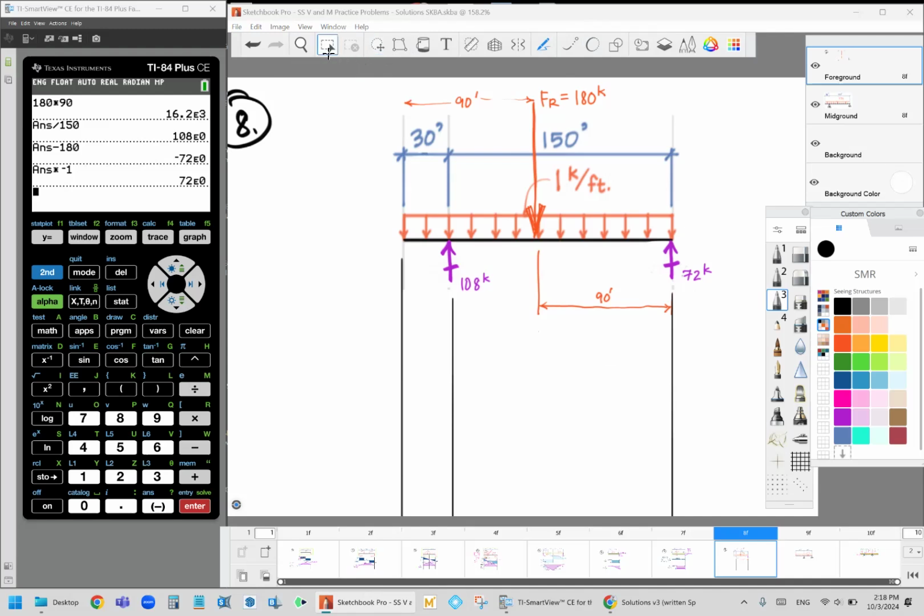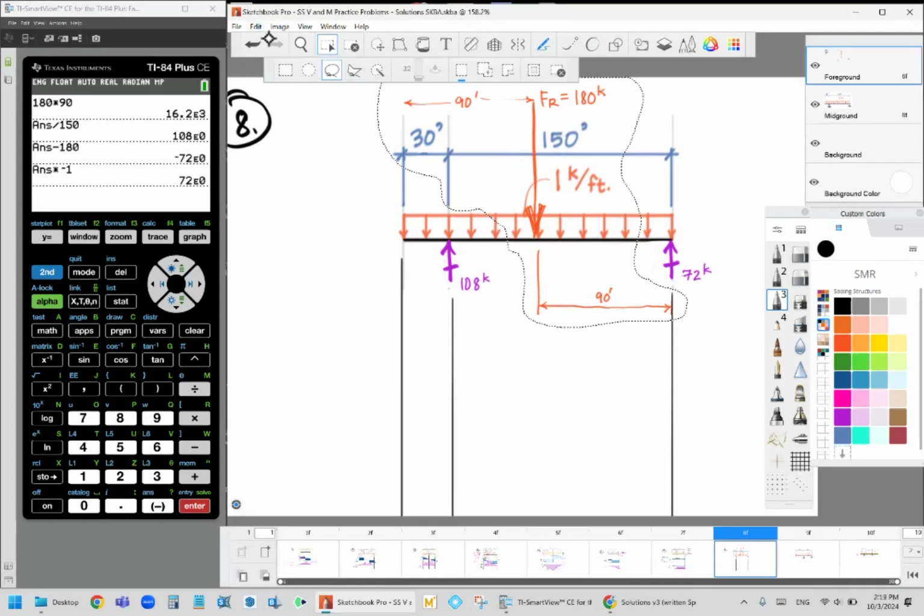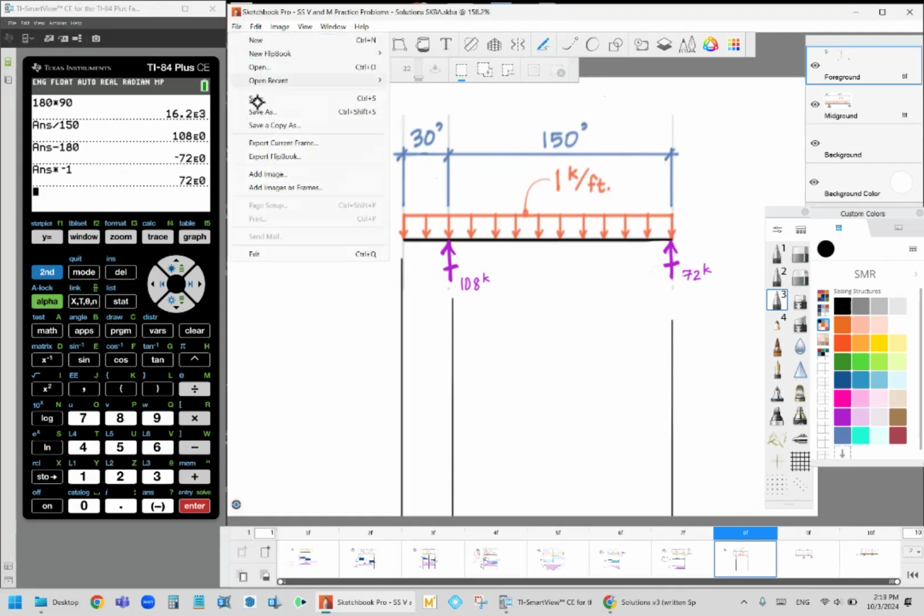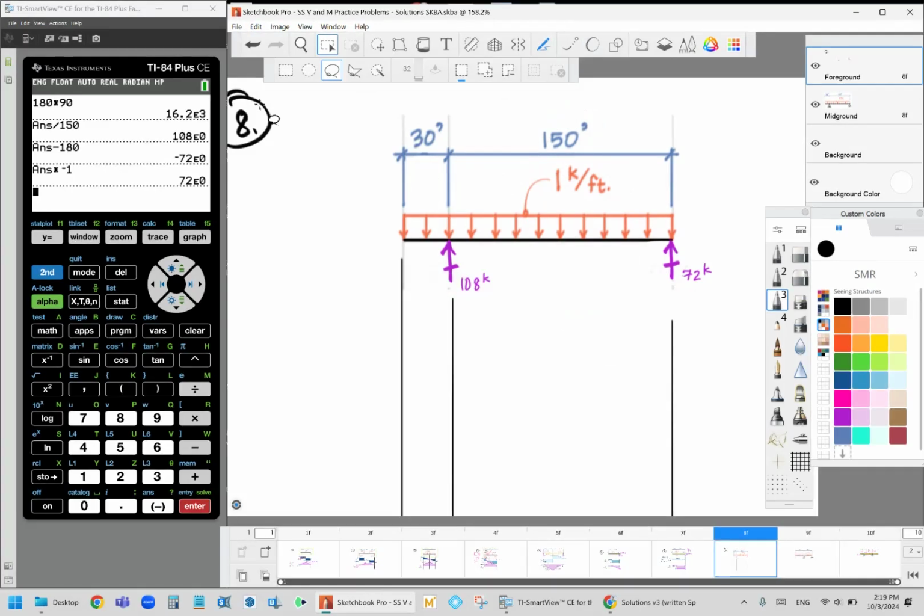Now that we're about to start shear and moment diagrams, get all this out of the way. So remember, equivalent forces, simplified equivalent systems, super useful for reactions, cannot be carried through for shear and moment diagrams.